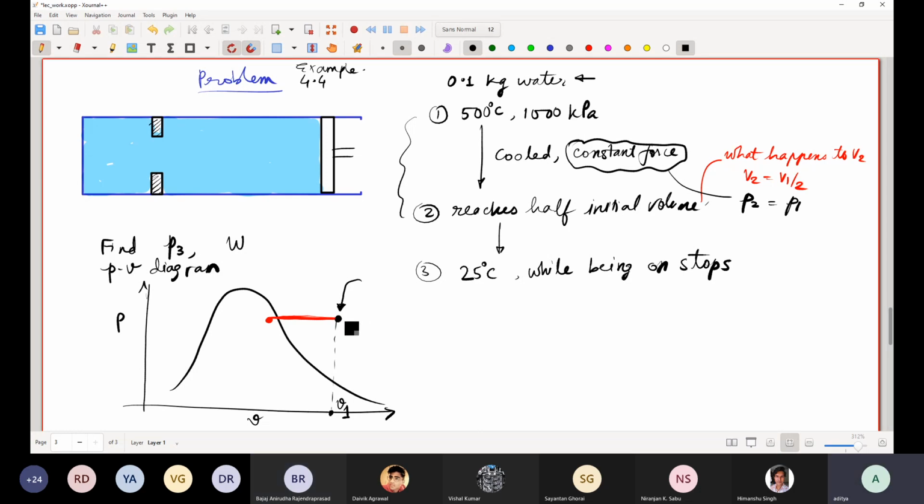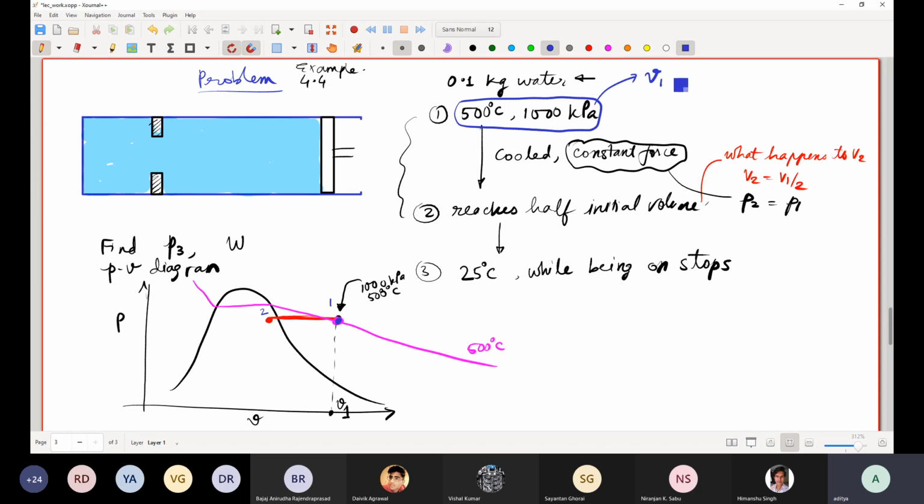Yes, sir. So this point is at 1000 kilopascal and 500 degrees Celsius. So the 500 degrees Celsius isotherm, maybe it passes like this. The intersection of the 500 degree Celsius isotherm in the PV diagram looks something like this. So this is point 1, this is point 2, and because we have the temperature and pressure, we are in a position to find out what the specific volume is.